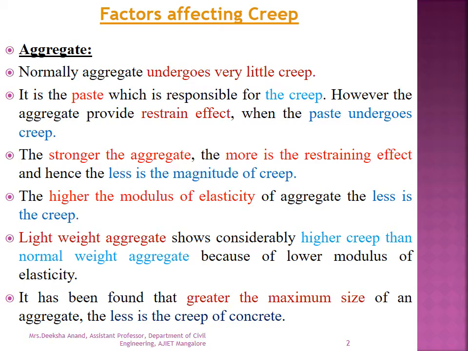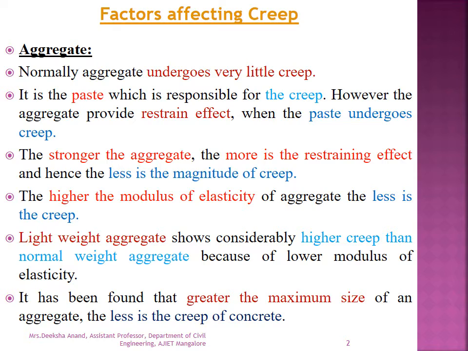Normally aggregate undergoes very little creep, and it is the paste which is responsible for the creep. However, the aggregate provides the restraint effect when the paste undergoes the creep.